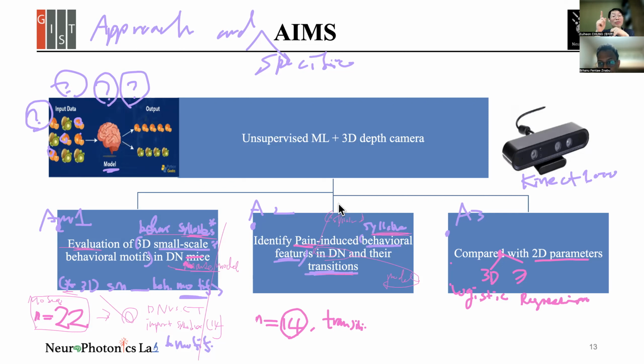And so that's important literature to show that it's not just about syllable, it's about syllable transition. That might also be important in behavioral aspects of this pain-related work, or even if it's not necessarily pain, but yeah.